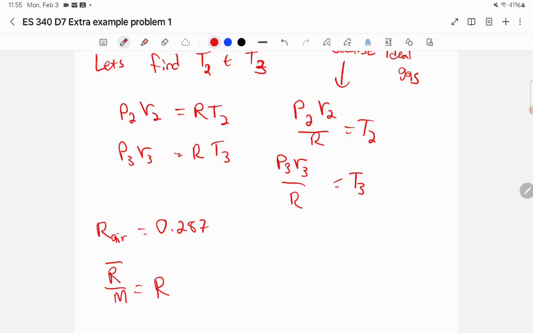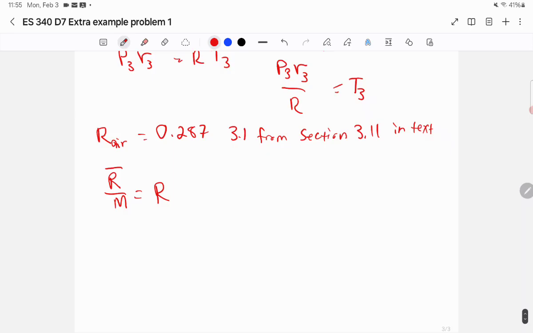But in this case, I'm just going to go to that table from section 3.11 in your textbook. That's where I get the R for air.